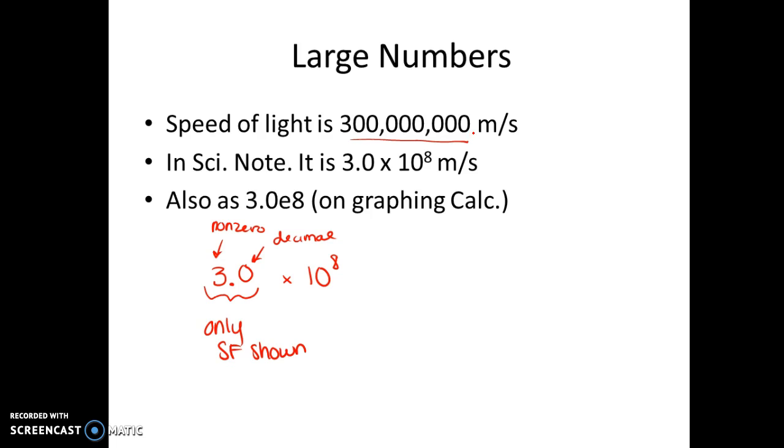Normally, the decimal point would be over here, but we've now moved it. 1, 2, 3, 4, 5, 6, 7, 8 places. Okay, so if I'm going to take this number and put it back into regular notation, I'm going to move it to the right. Positive numbers, decimal moves right. That's to get out of scientific notation.